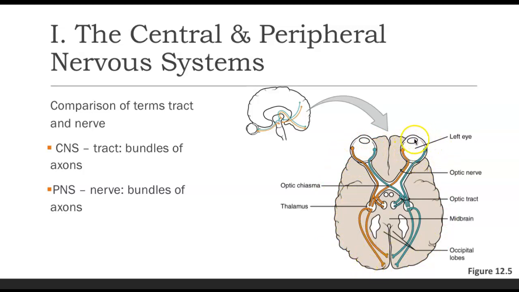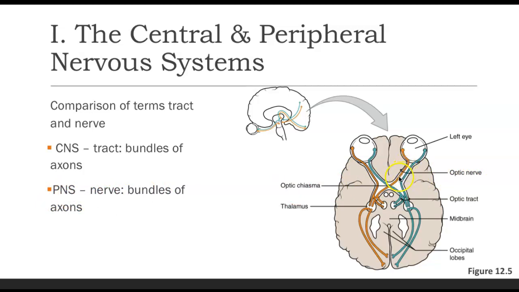So here we have our eye, and this area is representing our retina, and all of those neurons are coming together and creating an optic nerve. So this is located outside of that central nervous system. So that's why it's called nerve, because it's in our peripheral nervous system.